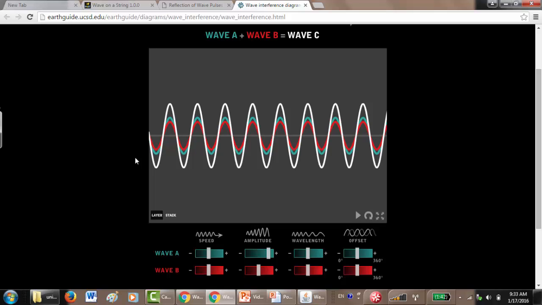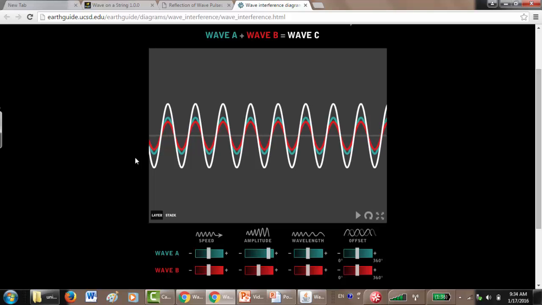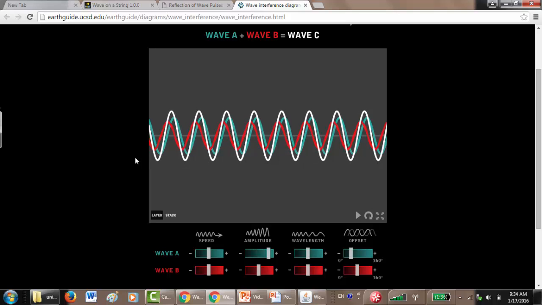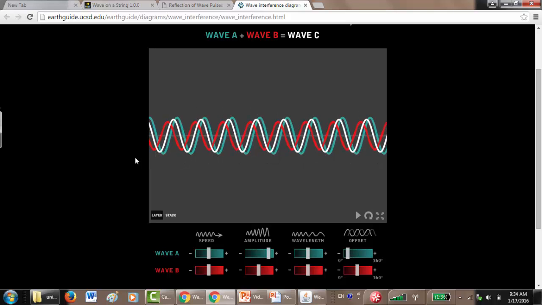This is an example of constructive interference because the 0 points line up with each other, the crests are at the same point, the troughs are at the same point. The superpositioned white wave is going to be the addition of the crest amplitudes, and it's going to be quite large. However, if we change the offset a little bit, let's make it so A and B are not moving at the same time.